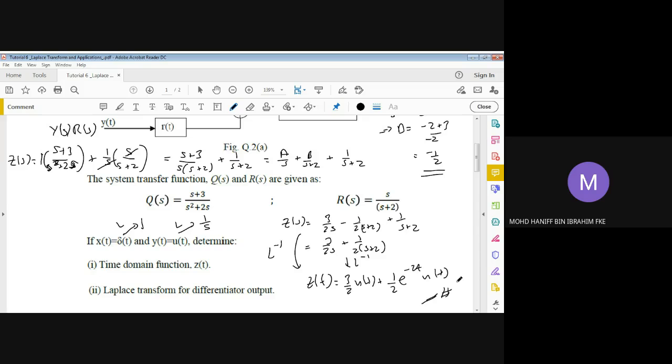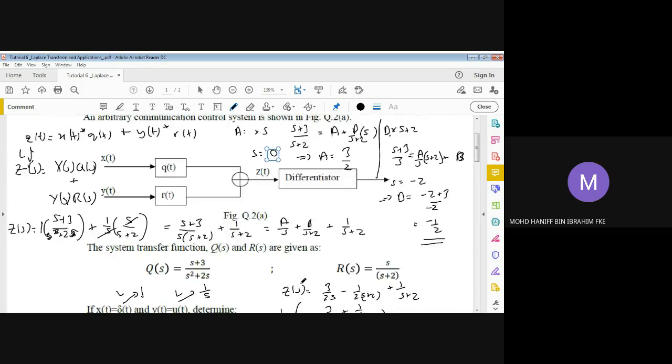So next one is to find the Laplace transform for the differentiator output. This is the question here. So I need to go back to this part, so I'm going to erase it. Hopefully you have copied it just now.